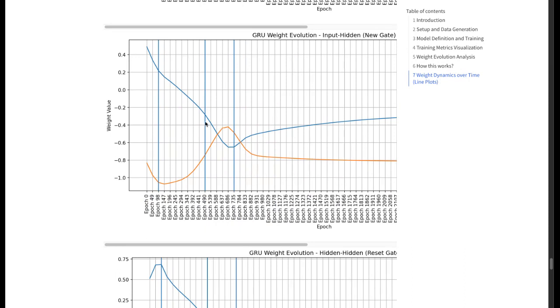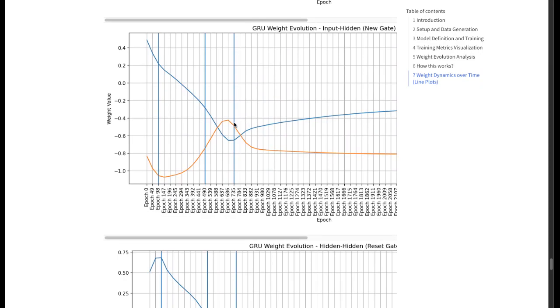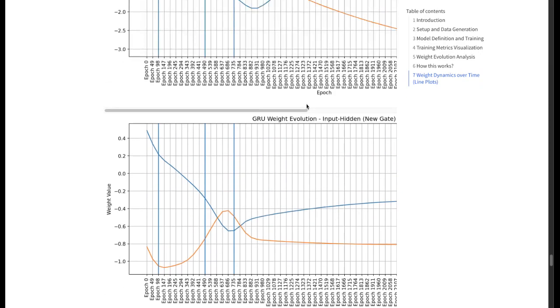It's showing that probably the network was trying to do something else, was trying to find another way to solve the problem, and at some point it just found another steepest descent, and it just followed through.